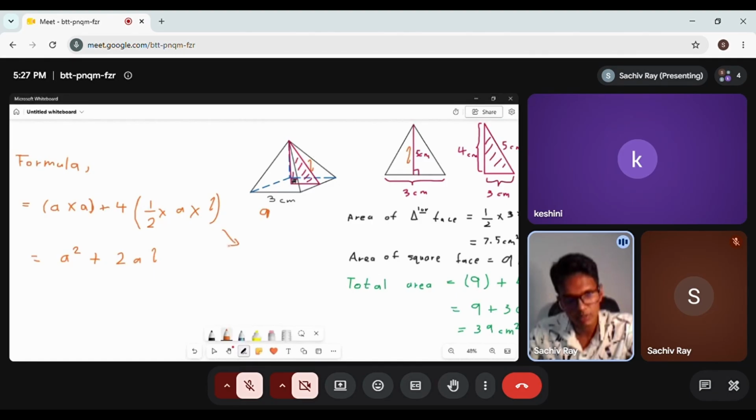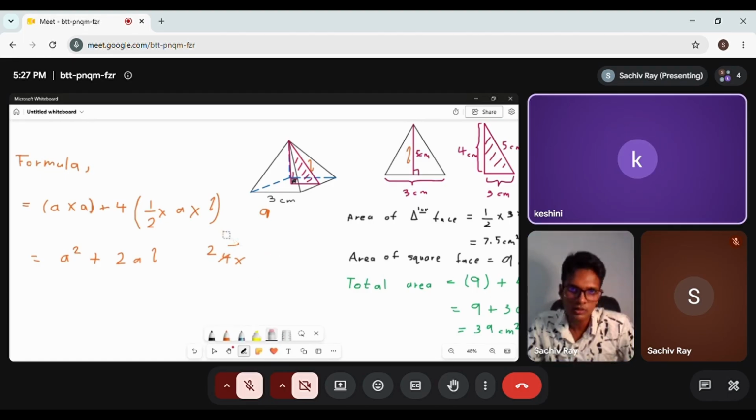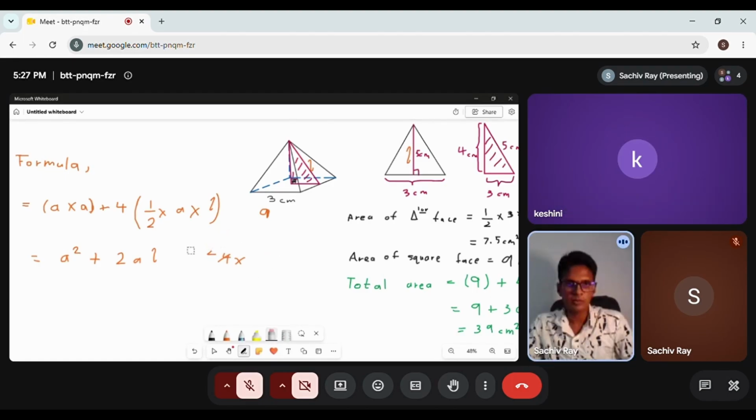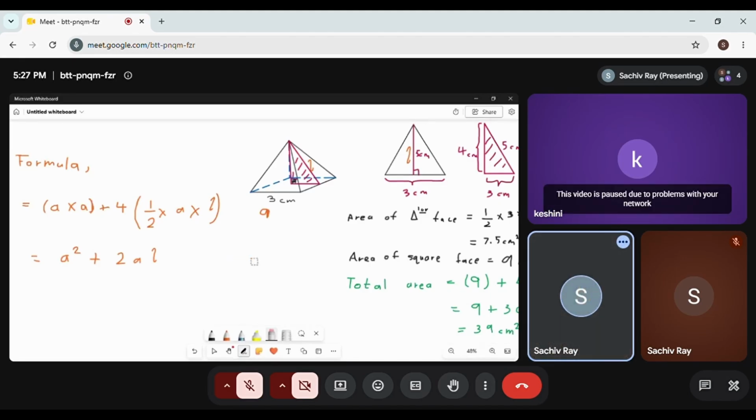We can summarize this like AL over 2, and then when we multiply it by 4, the 2s get cancelled out to give us 2AL. Are you okay with that part? Yes, sir. Okay, so that's the formula for the pyramid.